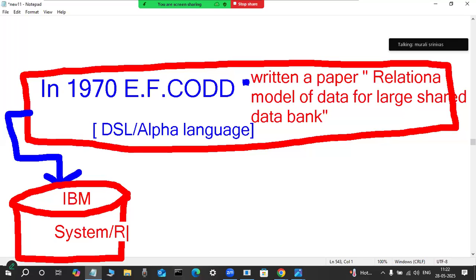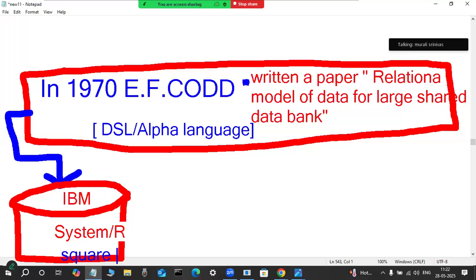Because it was the first one. And also the System R team faced a problem: this is a very difficult language, DSL Alpha language, for operating a database, the relational data model. That's why the System R team modified DSL Alpha language into SQUARE language.